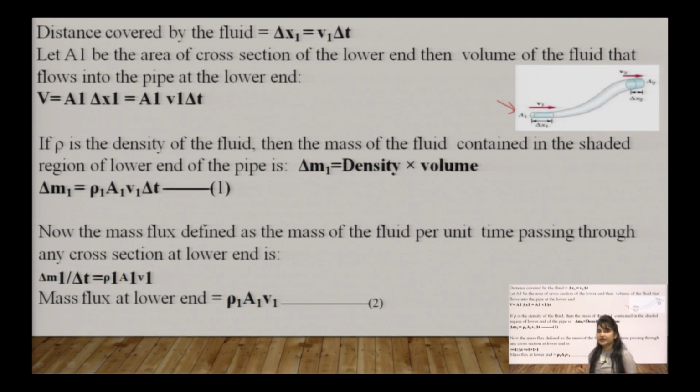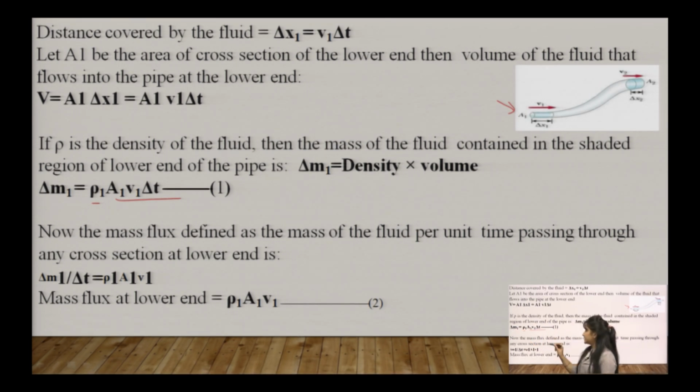If we consider rho 1 as the density of the fluid flowing in this, then multiplying this density rho by the volume we have calculated gives us the mass. So we get the mass at section 1.